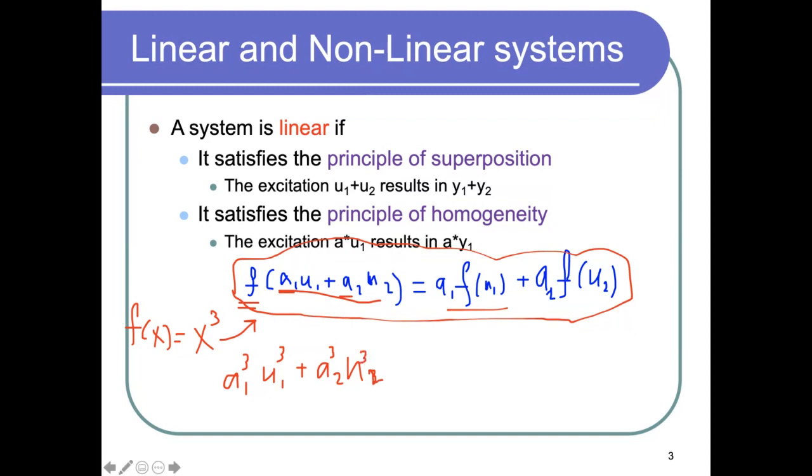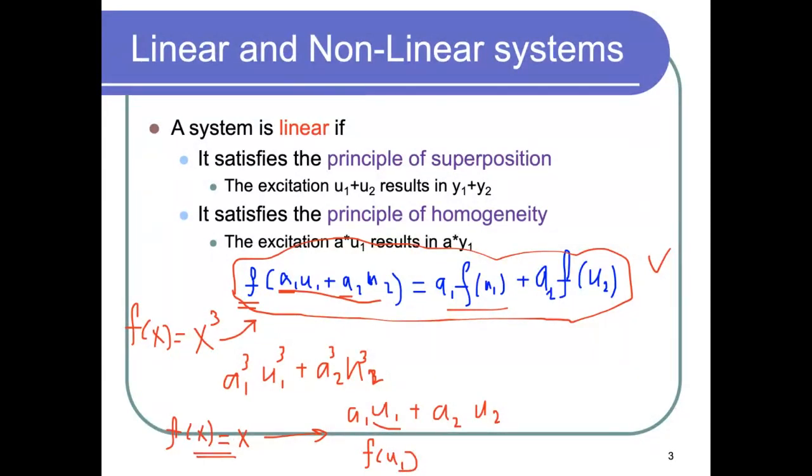Similarly, if f of x is just x, which is a linear function, then you will see that it will pass this test. Why? Because if you plug this argument into it, you will have A1 U1 plus A2 U2, and U1 is simply f of U1, according to this function.